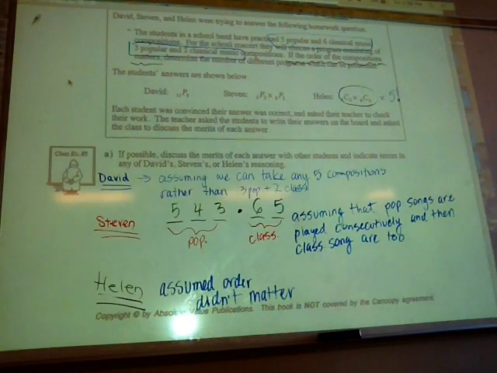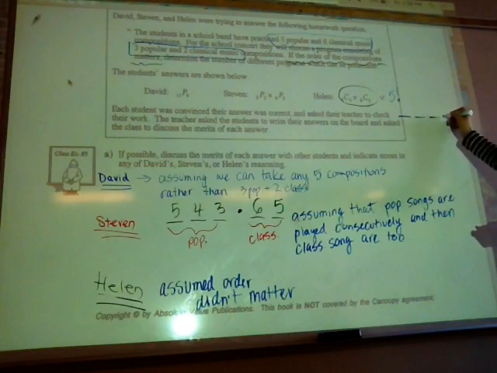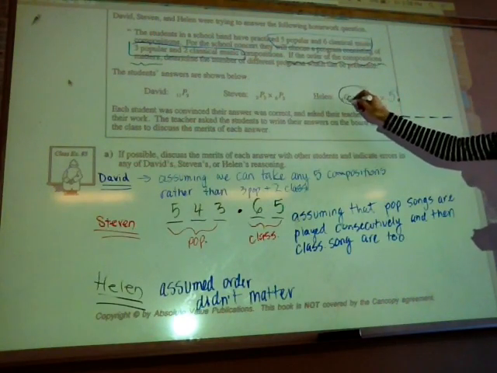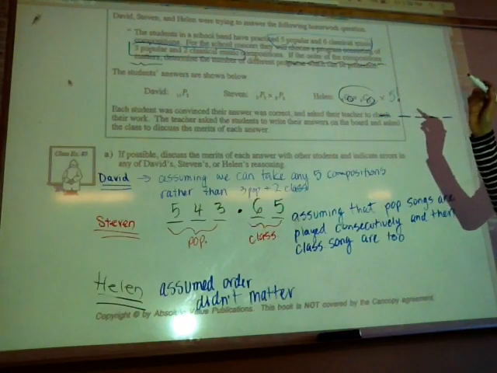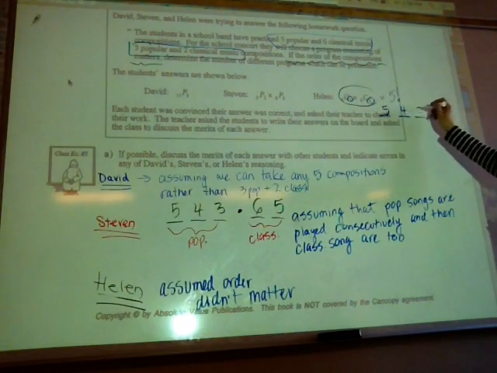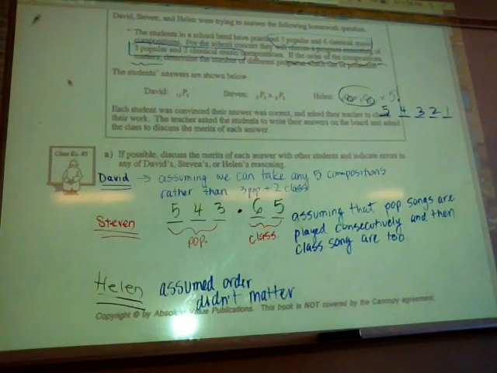Multiply by 5 factorial. Because we have 5 songs, and of the 3 and the 2 that we've now picked, we have 5 choices at the start, then 4, then 3, then 2, then 1.